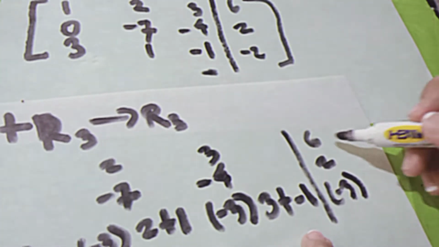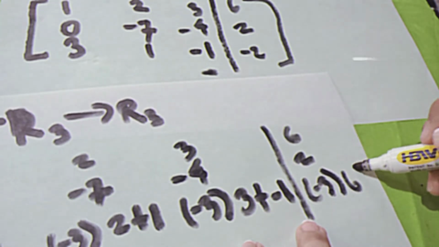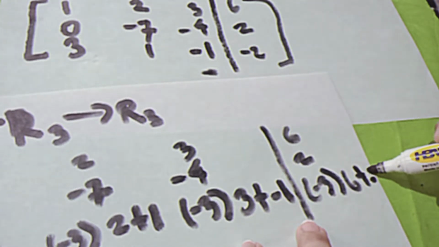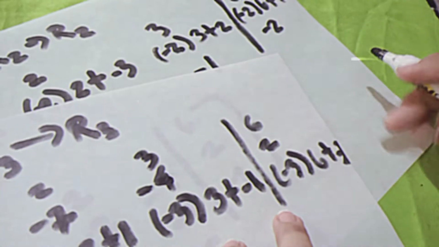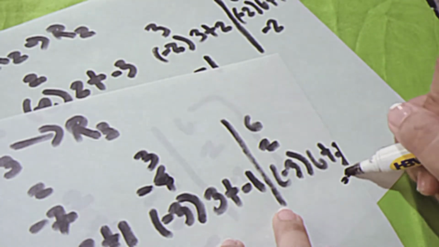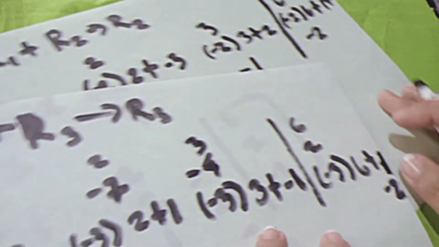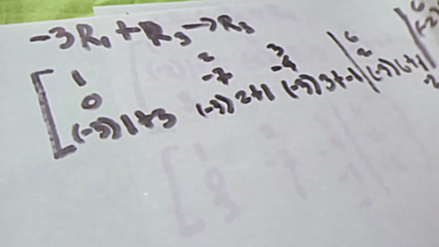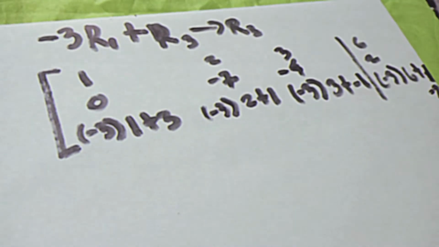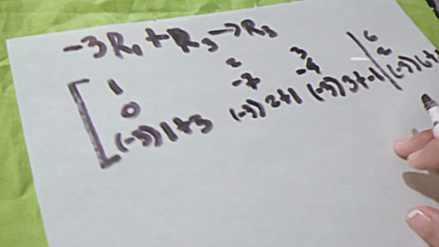Row 1, 6 plus negative 2. Actually, that is just negative 2, guys. Then we multiply these and add. We'll just solve it.